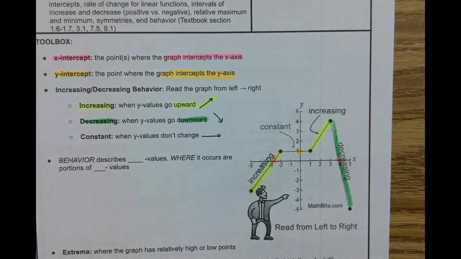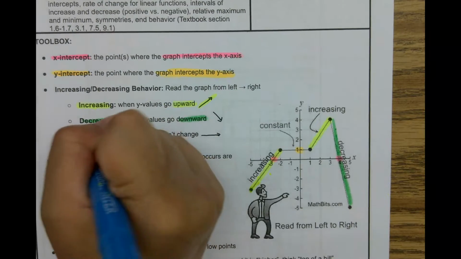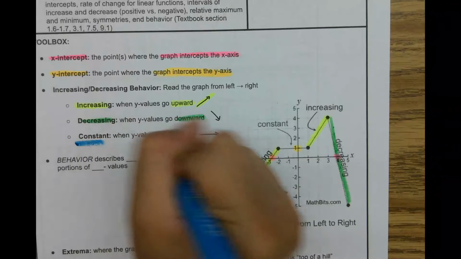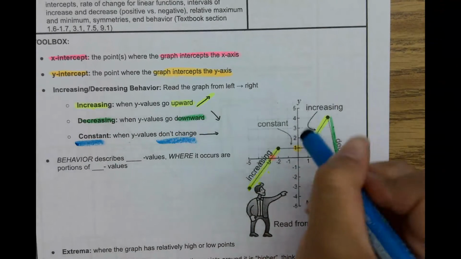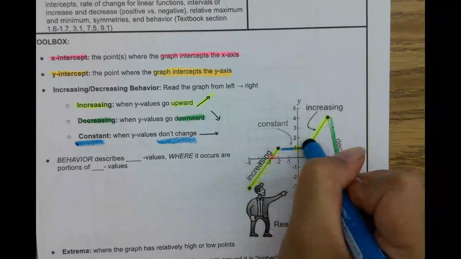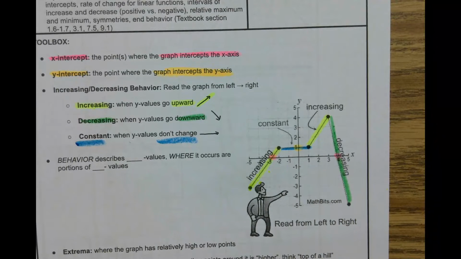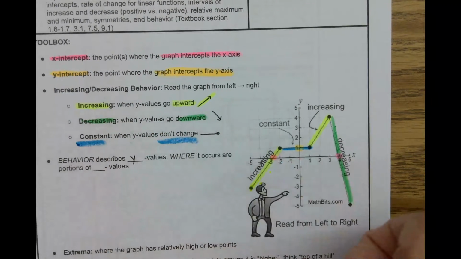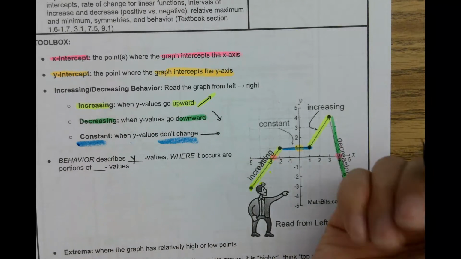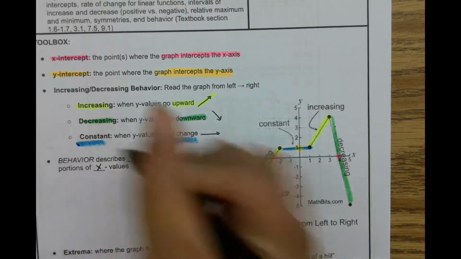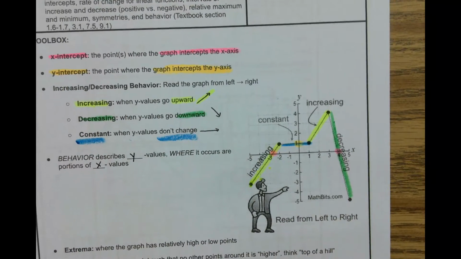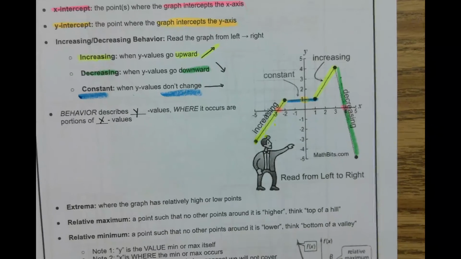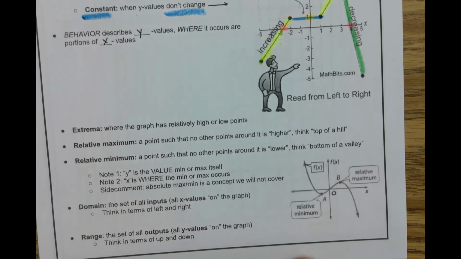That is decreasing. And it is constant when it doesn't change, whenever you feel it going flat, like here. So this is new to us. The behavior describes what is happening to the y value, and where it occurs are portions of our x values.